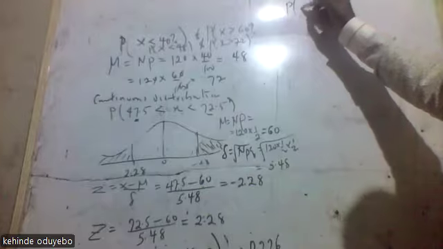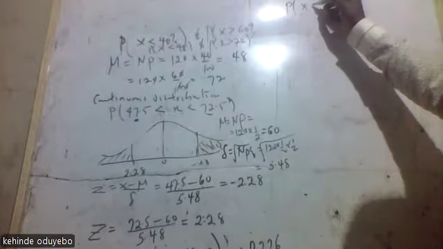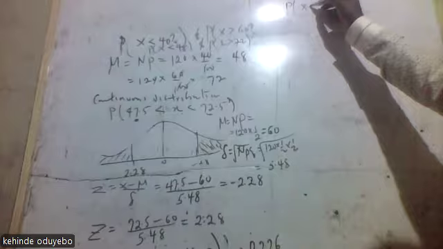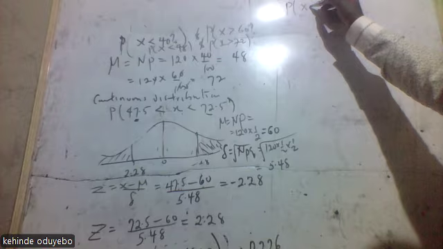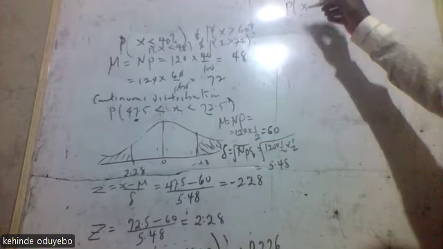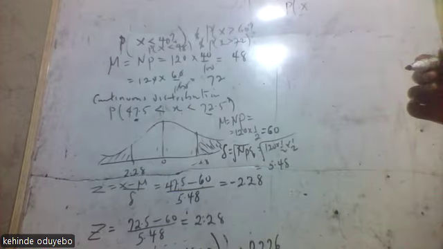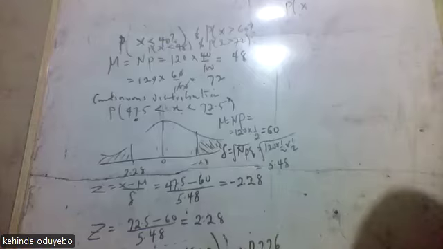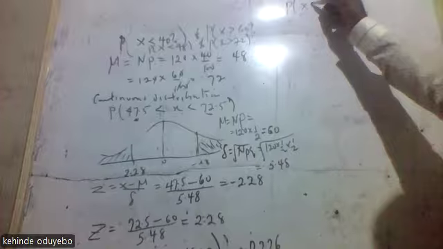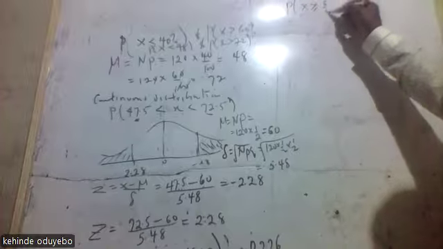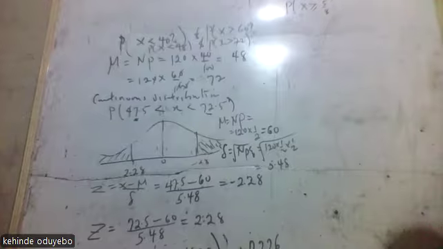I believe you can see my hand. Find probability when it is 5/8 or more. Yes. So how do you interpret that? That would be this, right? Yes. So what will I do?